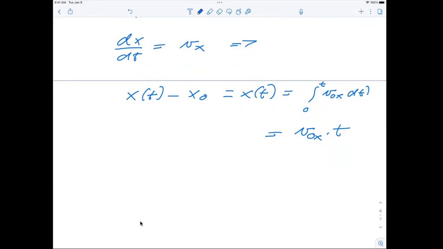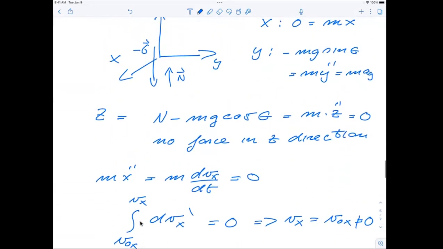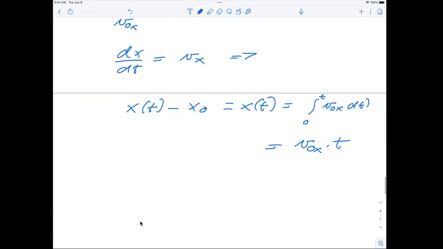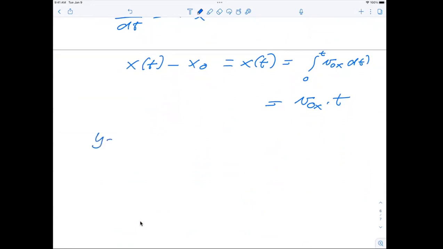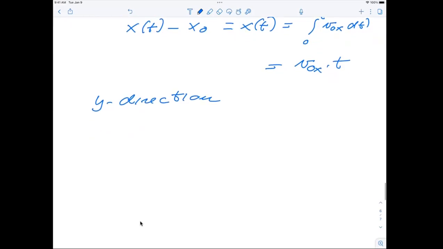The next thing we can do now, we can go to the y direction. If you look at the y direction, we now have an acceleration, which is given by the gravitational constant times sine theta. So what we have then is that m a_y, which is the same as m dvy/dt, is given by minus m times g times sine of theta.